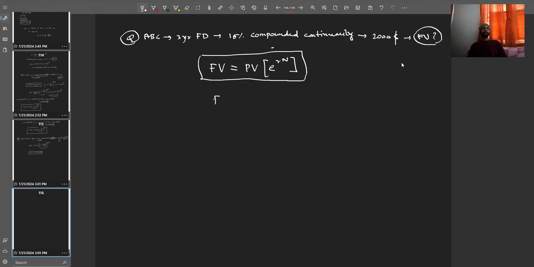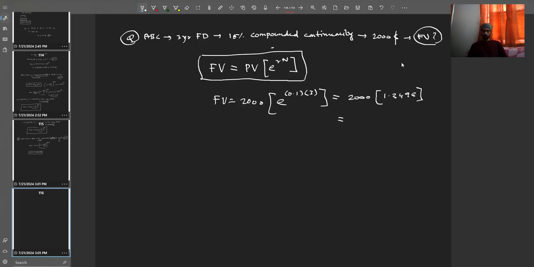So FV here becomes equal to 2000 multiplied by E to the power 0.1 into 3, right? Let's see what the value is. So this is equal to 2000 multiplied by 1.3498.